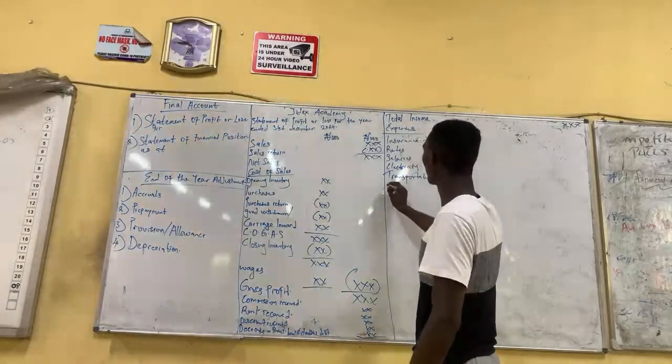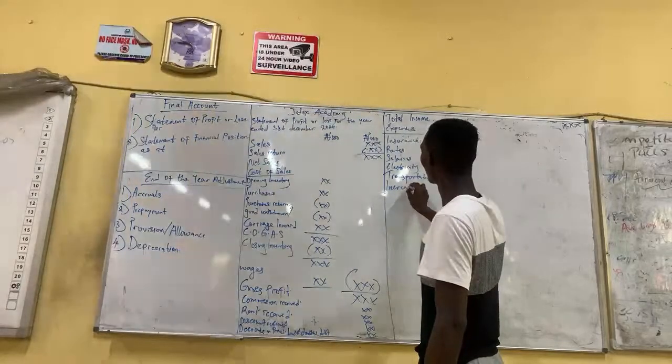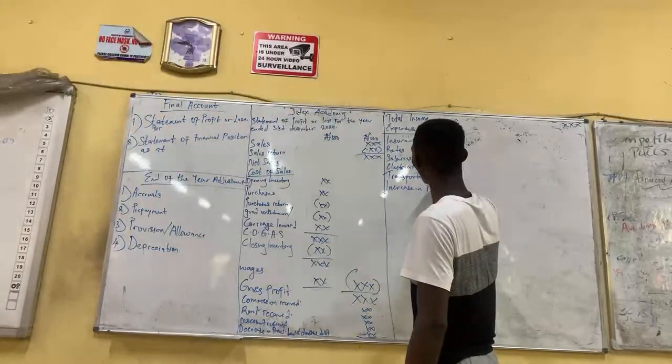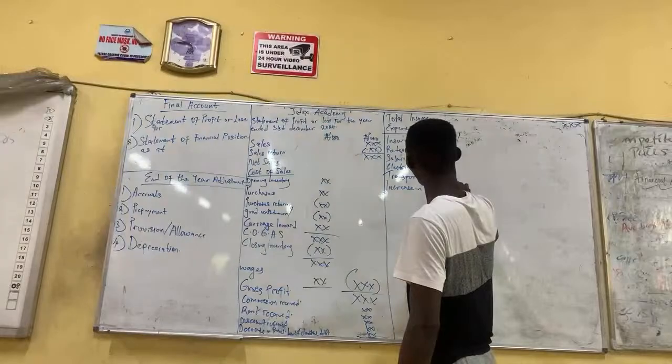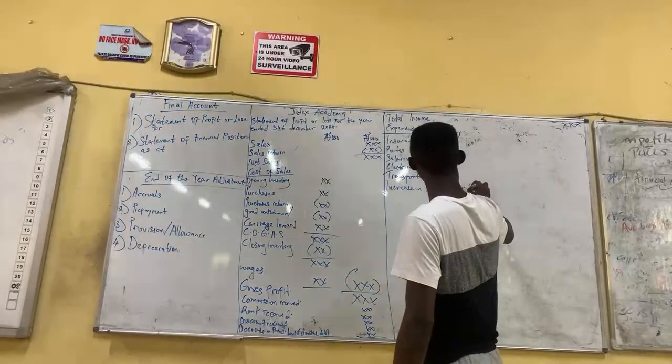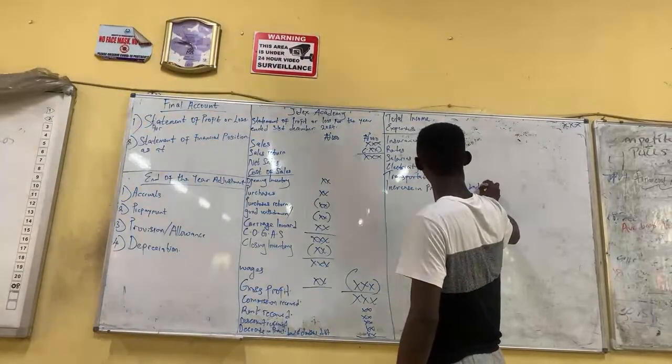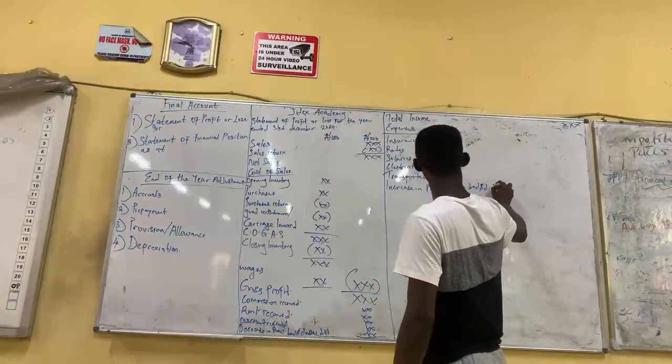Now, if there is an increase, you write increase in what? In provision or allowance, any of the two, for what? Bad and doubtful debts.